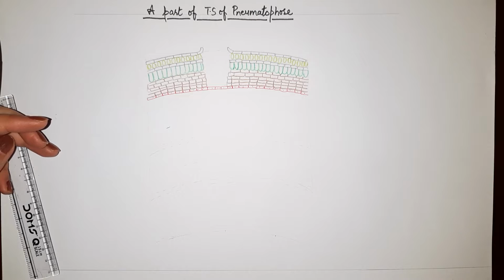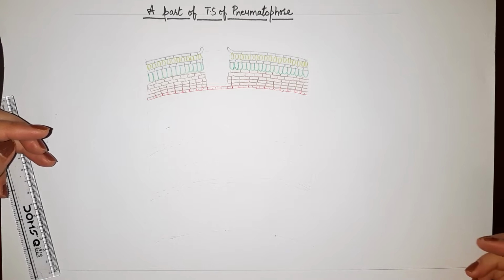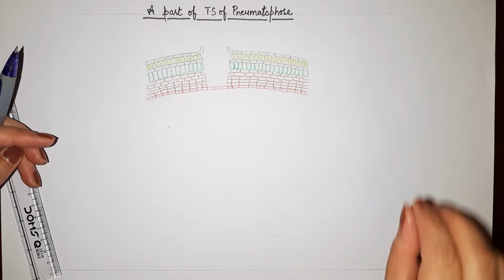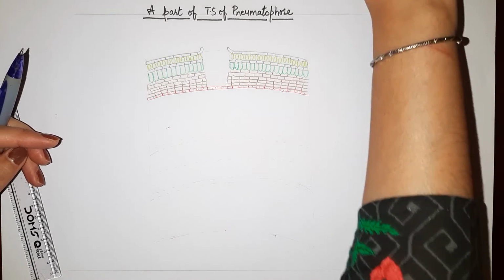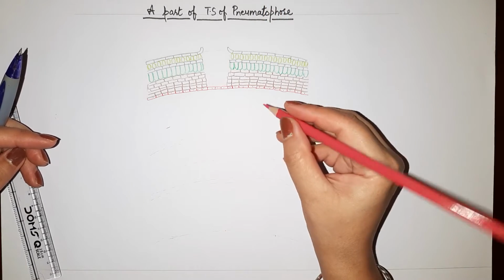For cortex, you have to draw the stellate cells. For stellate cells, firstly we will mark the regions of spicules.